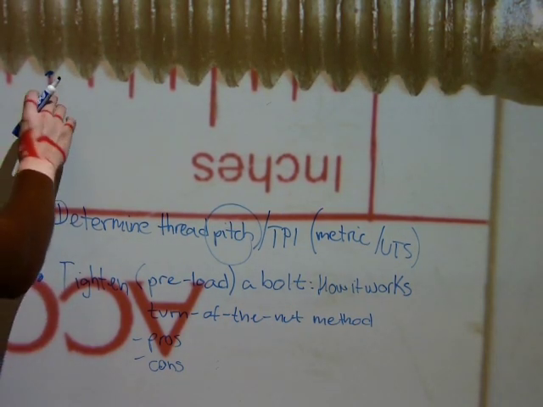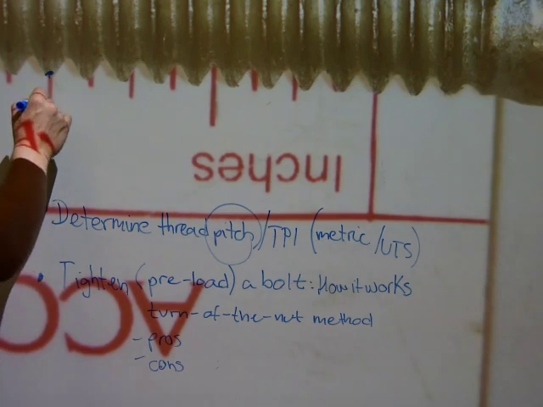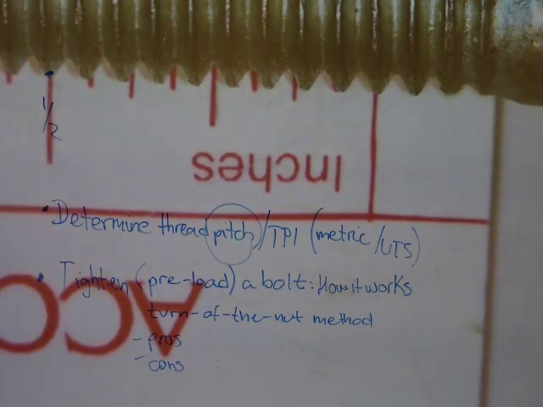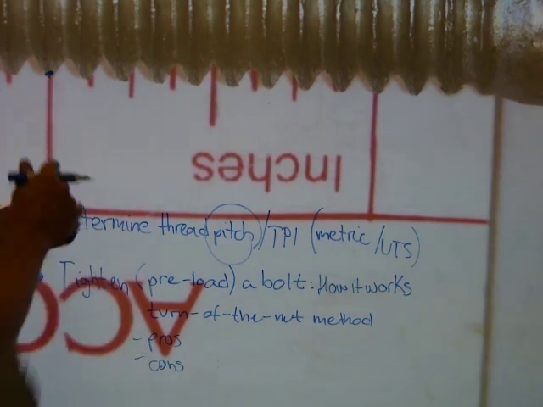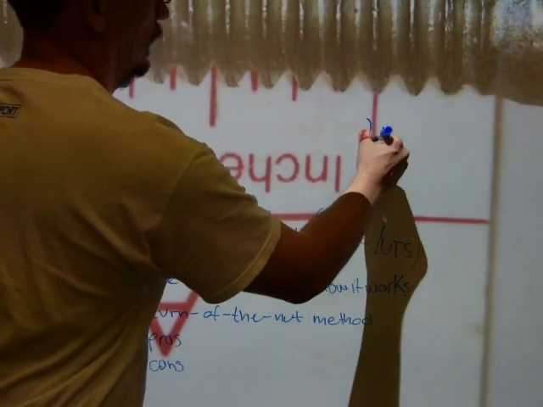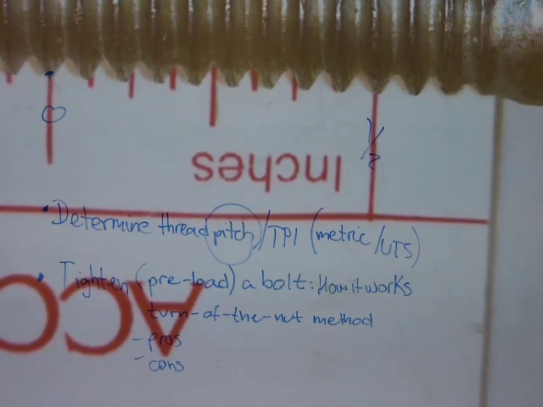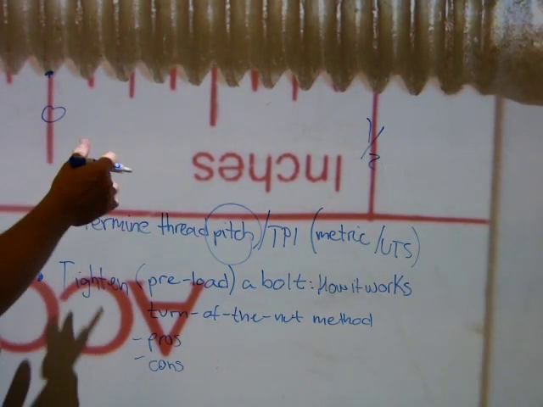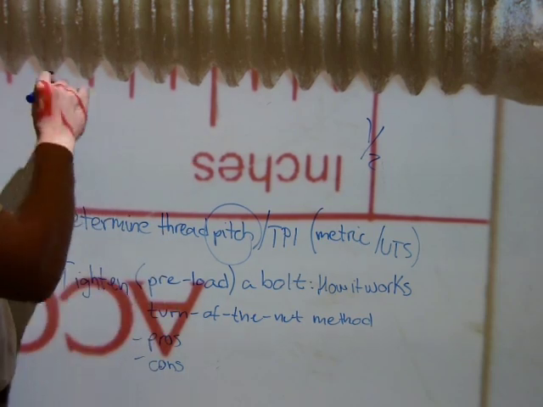On an inch example, you line up one of the crests with one of the lines here. This is 0 and this is going to be half an inch, it's easier to read from your point of view. And we count the number of turns from here on over a certain distance.